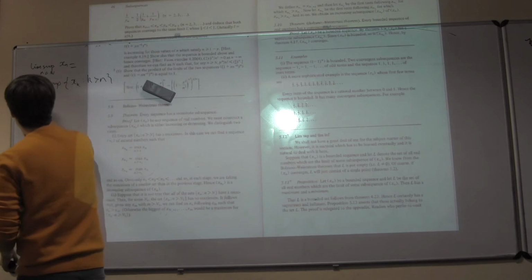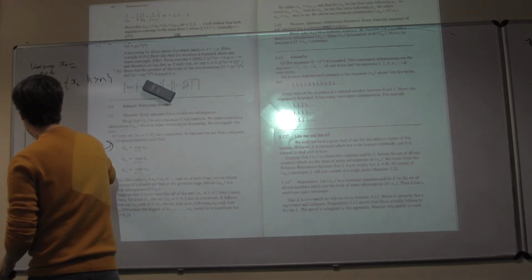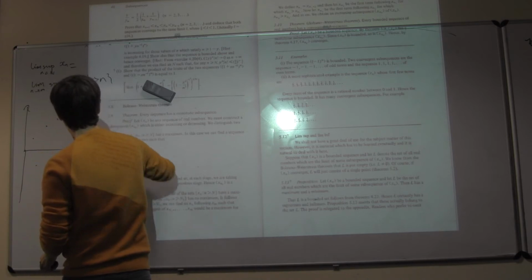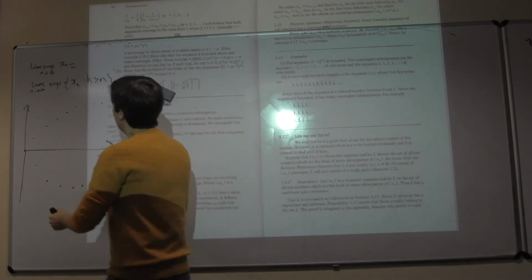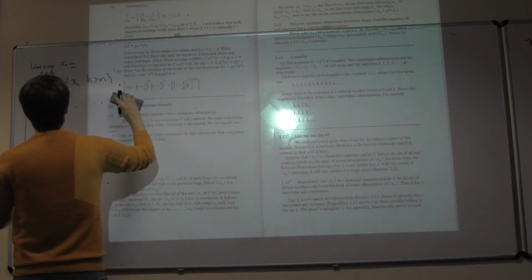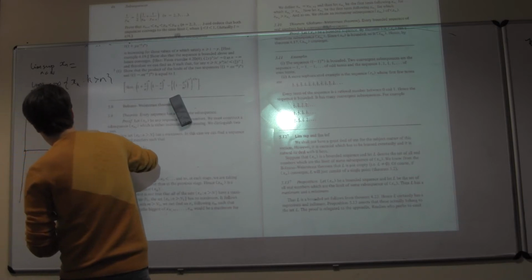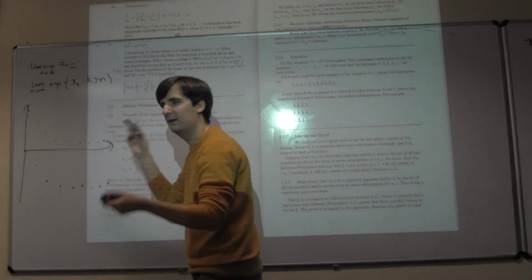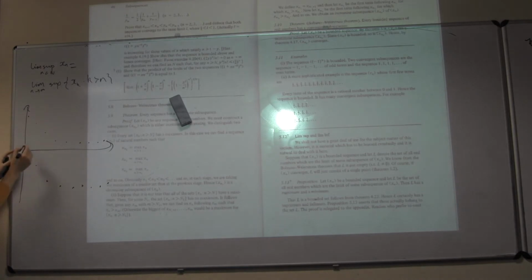So in the case of a sequence that looks like this, it's oscillating between these values. The supremum from the start onwards is this point.